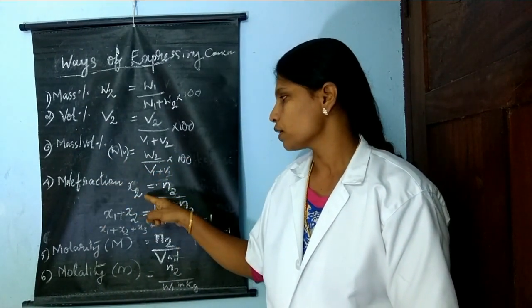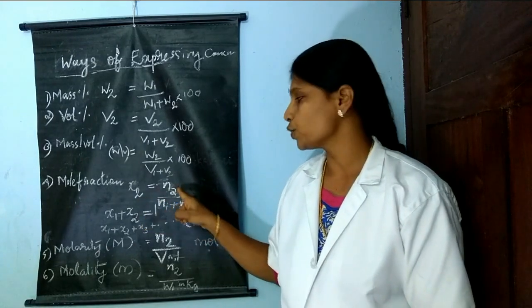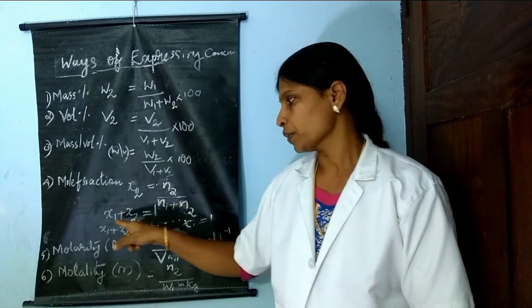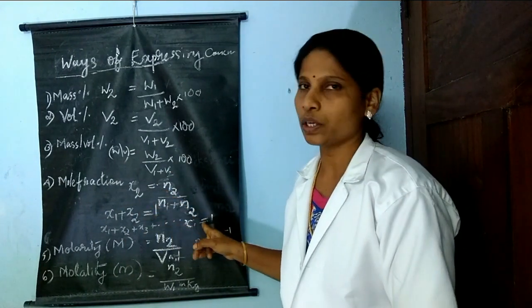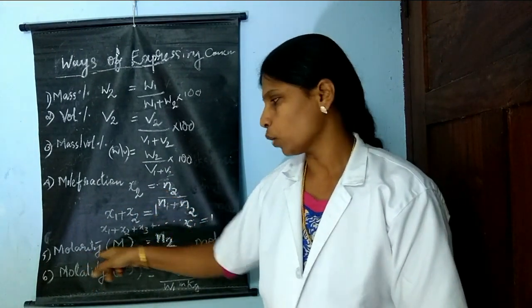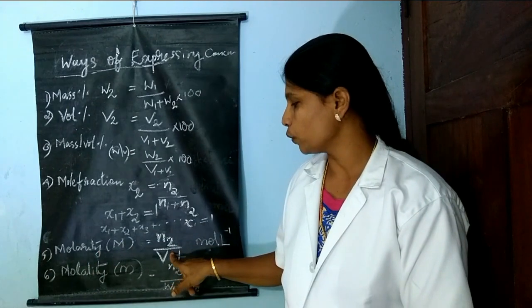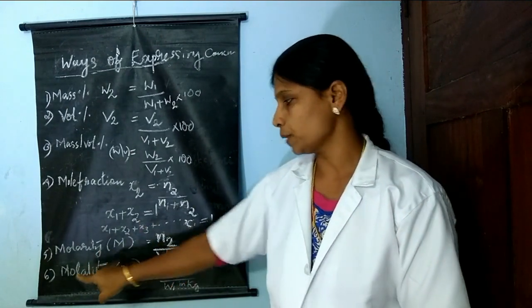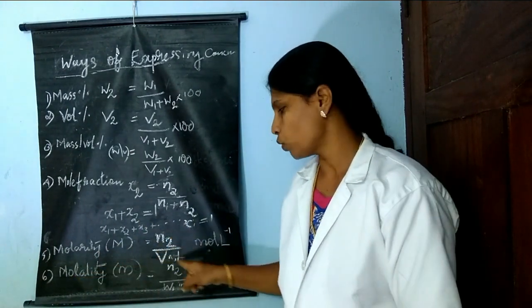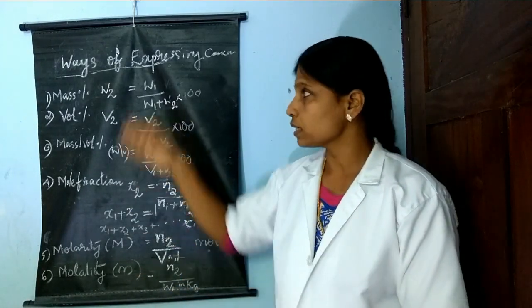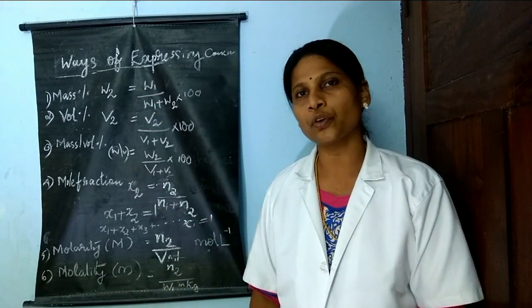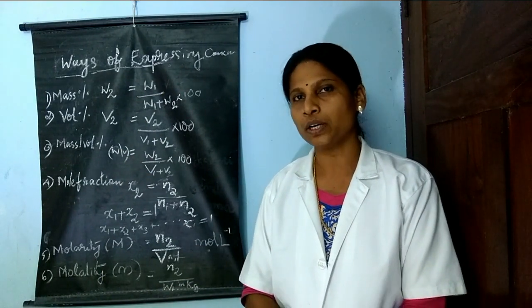Mole fraction X2 is equal to N2 by N1 plus N2. Total mole fraction of all the components in the solution is equal to 1. Then molarity: number of moles of solute dissolved in 1 liter of solution. Molality: number of moles of solute dissolved in 1 kilogram of solvent. These are the different ways used for expressing the concentration of solutions.